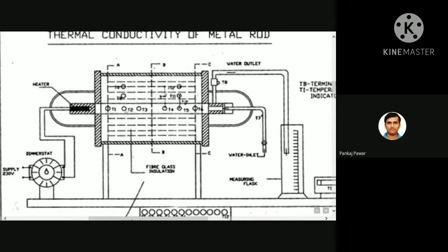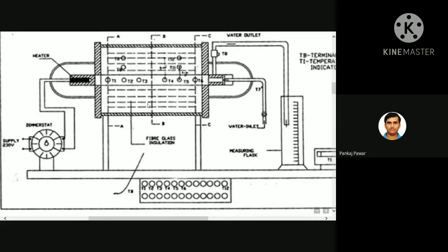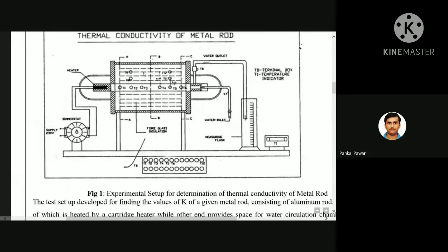So to avoid the heat flow in the radial outward direction, the metal rod present in this test section is surrounded with some insulating material. This is the metal rod in the test section, and it is surrounded with insulating material, that is glass wool insulation.